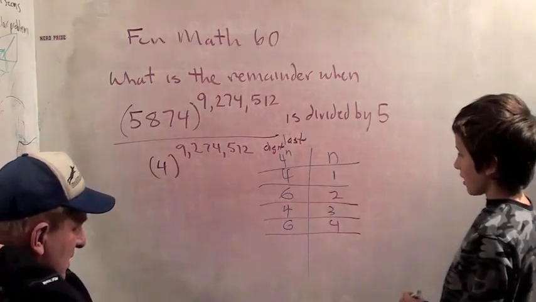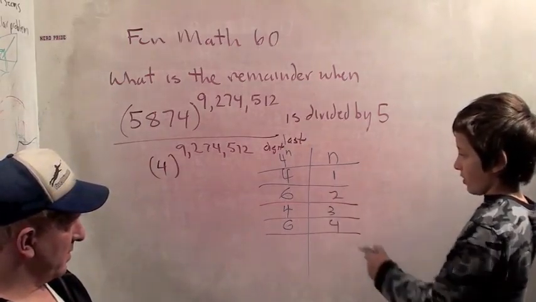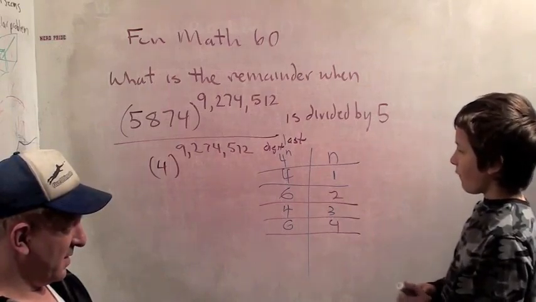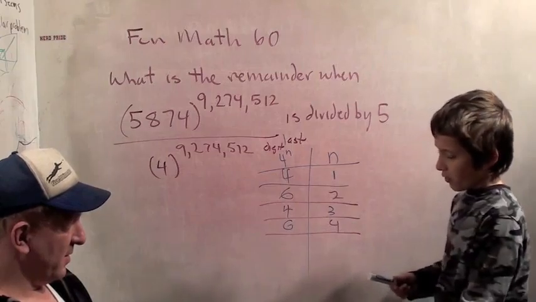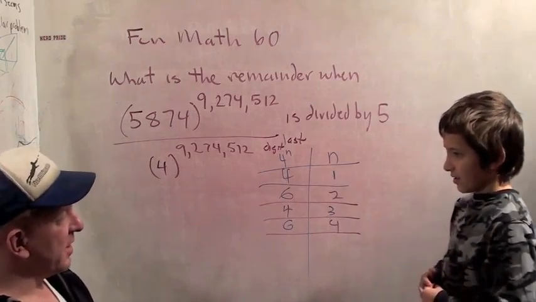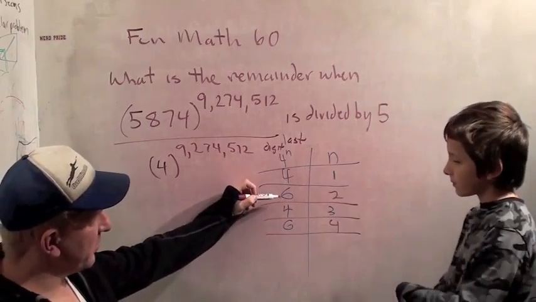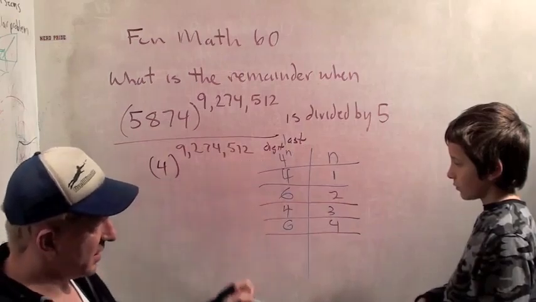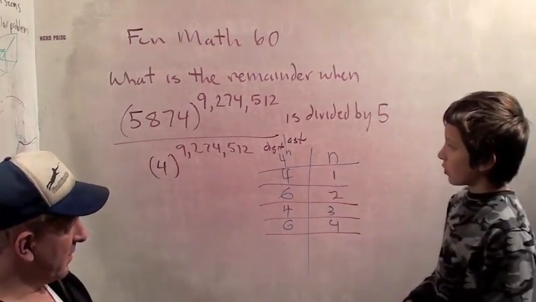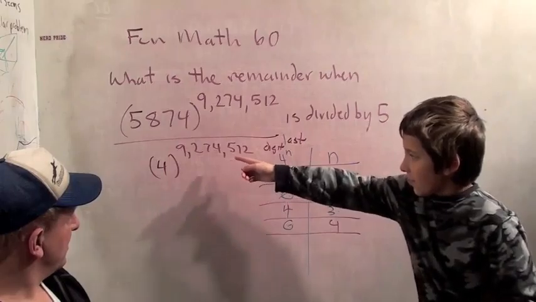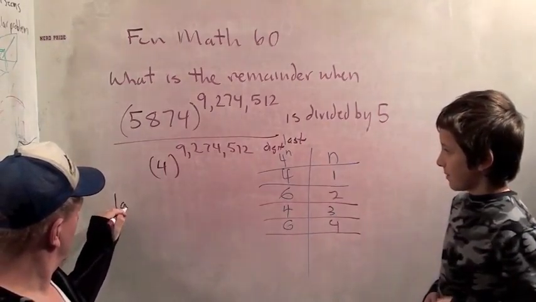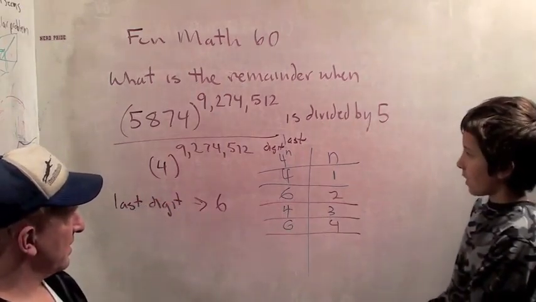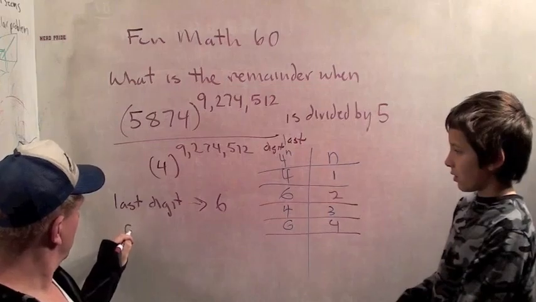Yes, it looks like 4 to an even power has a last digit of 6. The last digit of 4 to an odd power is 4. That's what our chart is telling us. So the last digit of this number is 6, which means the remainder is 1.